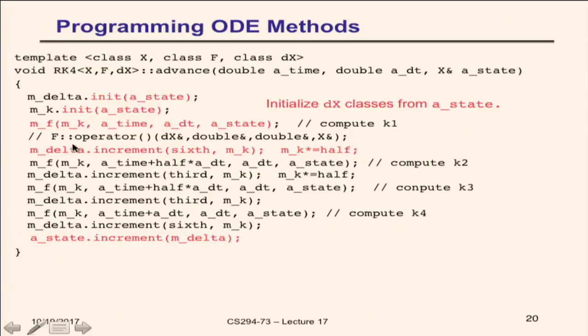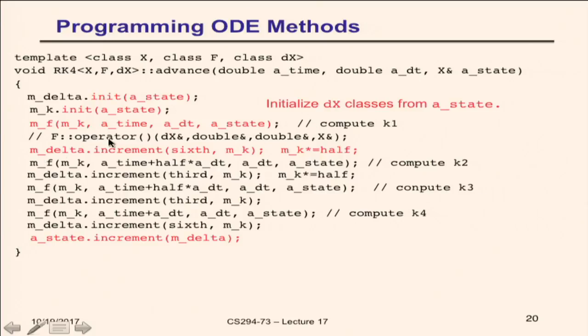So m_f is something of type capital F, and it looks like you're calling a function. Well, in fact, you are. But it's an operator, a function member of a class F, that you're actually calling.